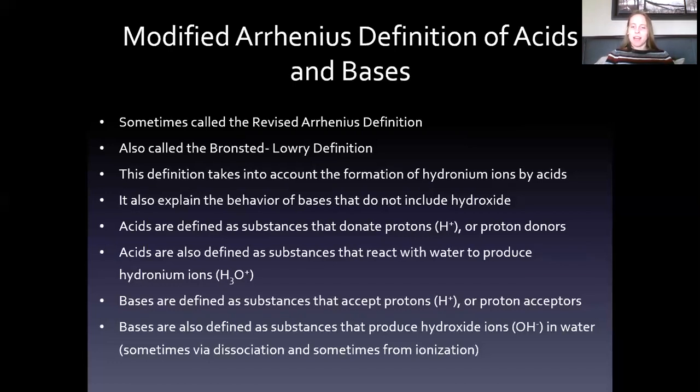Bases are defined as proton acceptors, meaning that they will take an H plus from the water. Because of that, they're also defined as producing hydroxide ions in water, though sometimes this will be a dissociation, like with the Arrhenius equation, and sometimes it will be an ionization reaction.